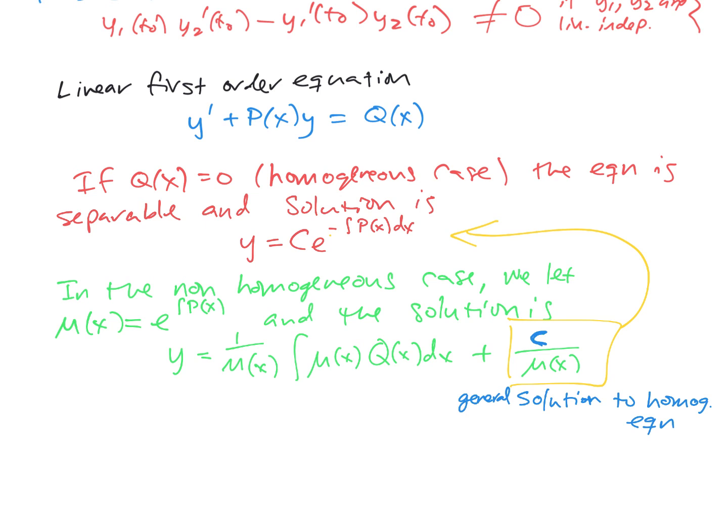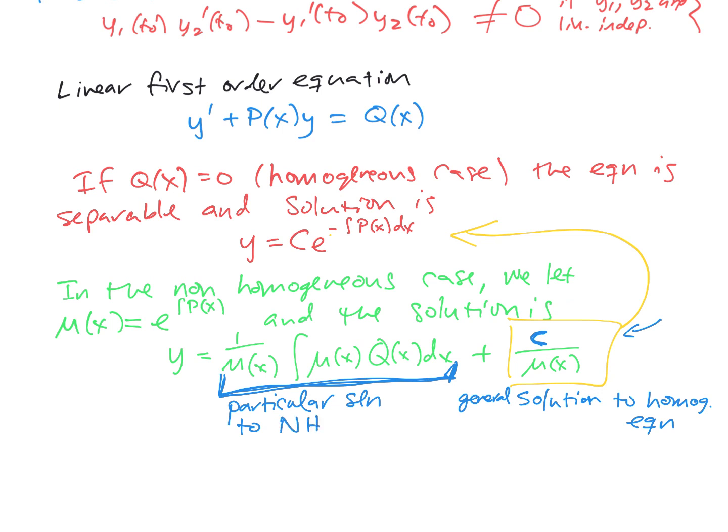And if C was equal to 0, this term would go away, and this term here would still be a solution to the non-homogeneous. So this term by itself is not a general solution. You need to have this to be a general solution to the non-homogeneous one. But this is a particular solution to the non-homogeneous equation.